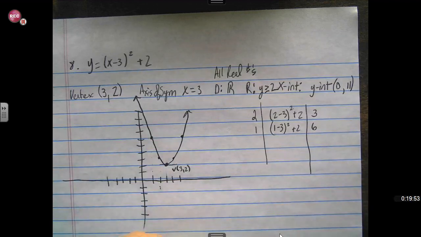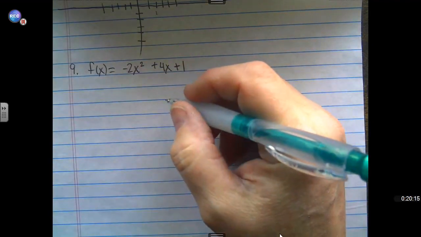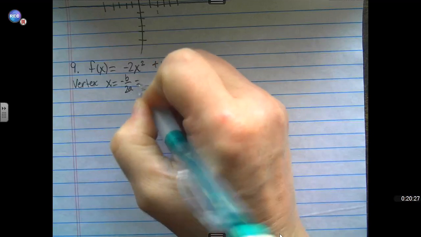So then our next one is in standard form. F of x equals -2x squared plus 4x plus 1. So we are in standard form, and so to find the vertex, I use x equals the opposite of b over 2a.